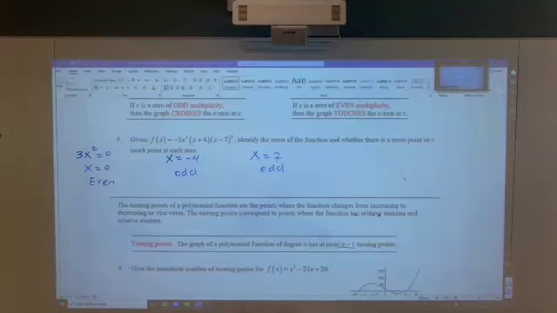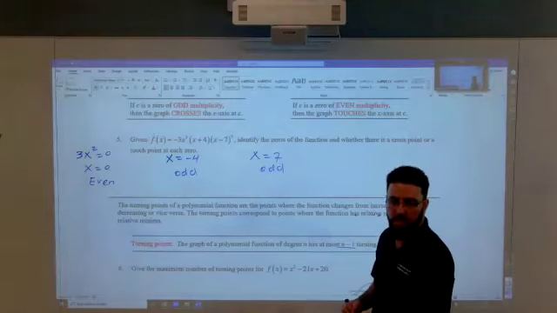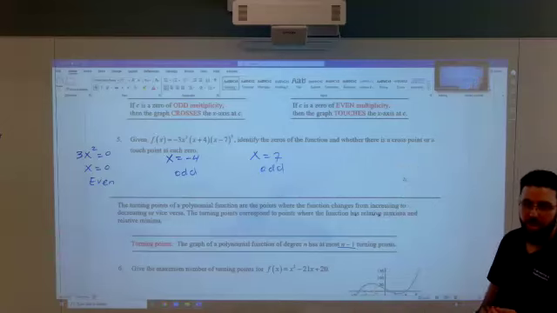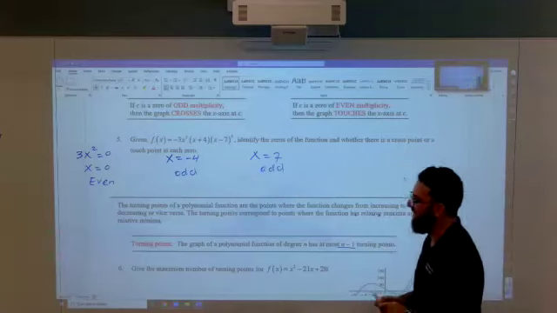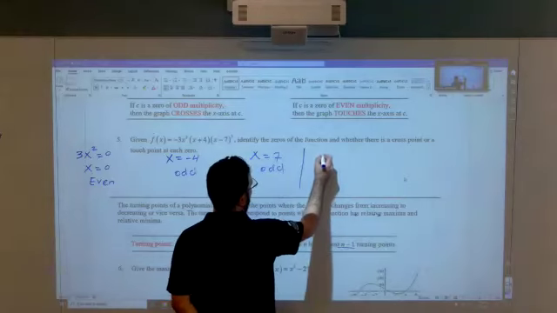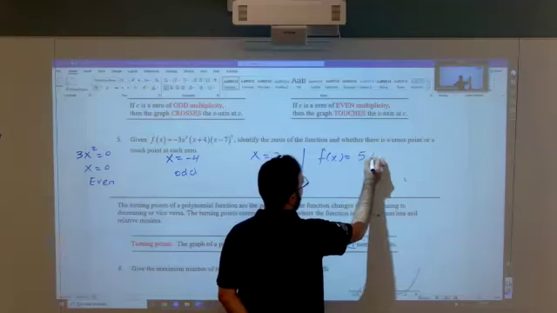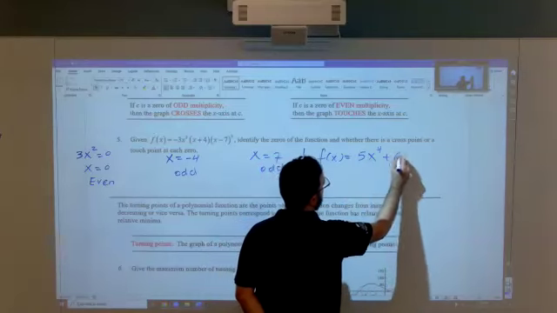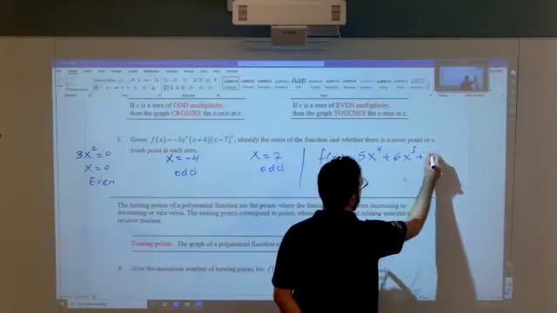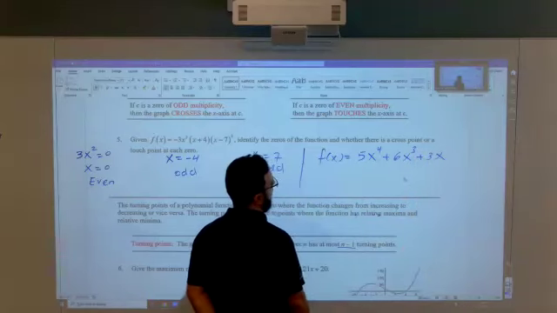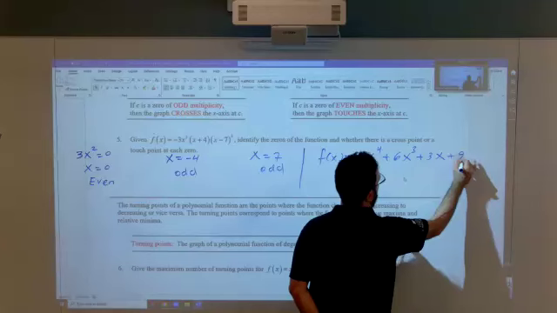With degree 4, how many turning points? Let's do an example here. If you have f of x equals 5x to the power 4 plus 6x cubed plus 3x plus 2.